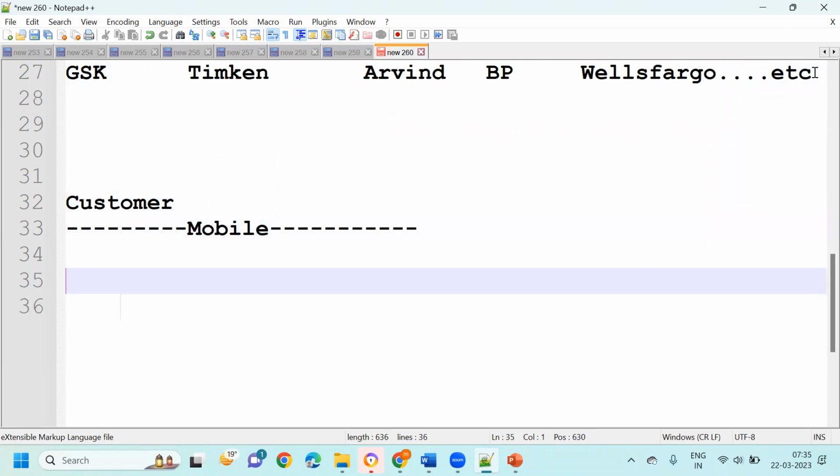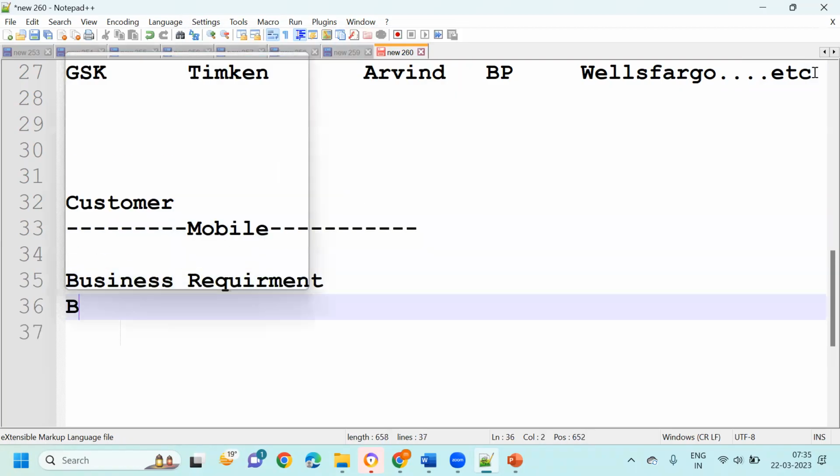First, you need to identify the corresponding business requirement. Next, what is your budget? You need to identify the budget also. All these things you need to capture. Based on your requirement and your budget, we will decide which mobile you would like to buy.